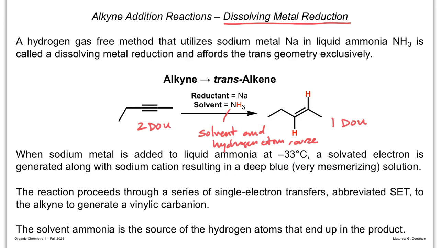So if you think of like the T-1000 in Terminator 2, the liquid metal robot who dissolves in fire, something like that. But you take ammonia gas, you condense it with a cryogen at minus 33, it becomes a liquid. From that liquid, you add in sodium metal.